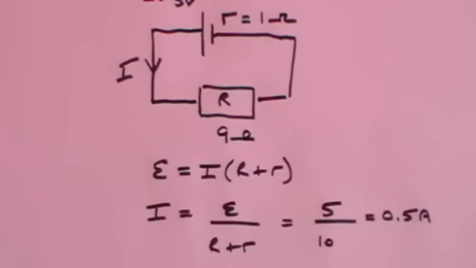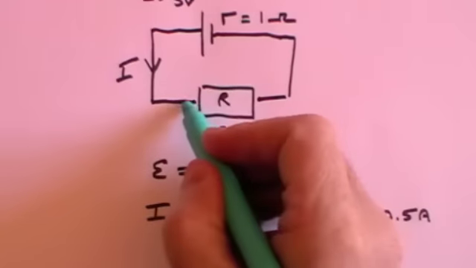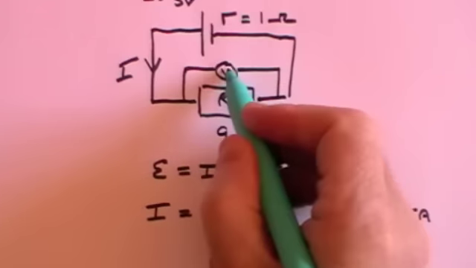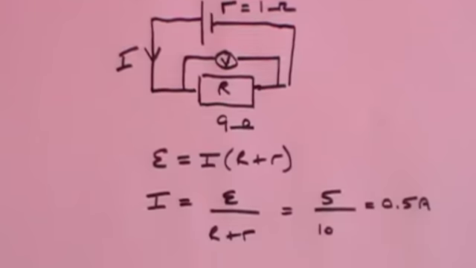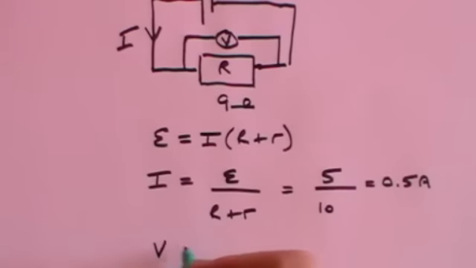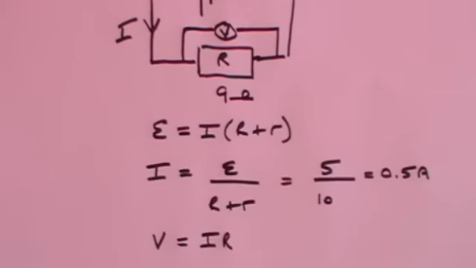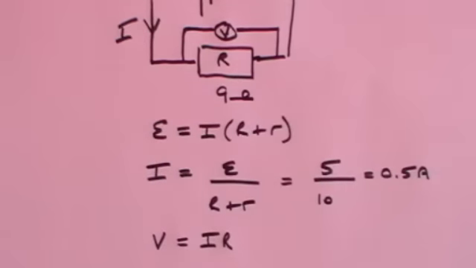Now what I'm going to do is to put a voltmeter across this resistance here. So I'm measuring the potential drop across that resistance. And we know that V, that's the potential drop across that resistance, will equal IR. The current flowing through the resistance times the resistance itself. The current is 0.5 amps and the resistance is 9 ohms.